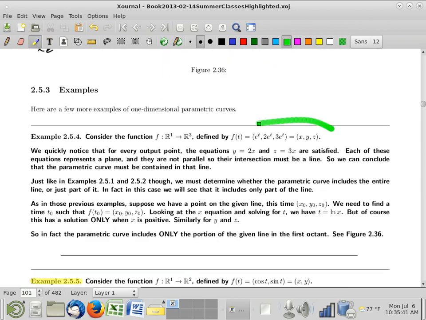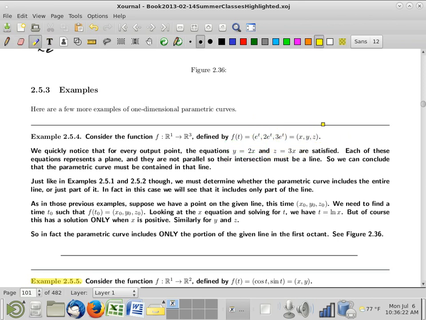Okay, so let's see some more examples. I'm going to do this one very quickly because this is an easy one. A function from R1 to R3, so a curve in 3-space. There's a couple of quick observations that you can make. You can notice that x and y are easily related, and you can notice that x and z are easily related. They're all multiples of e to the t, so easy observations to make.